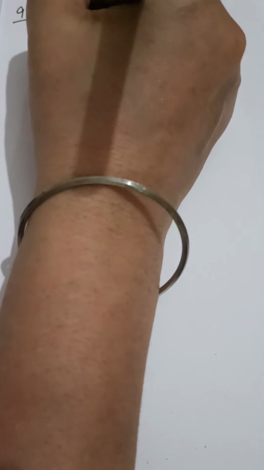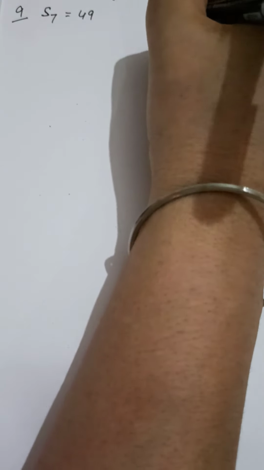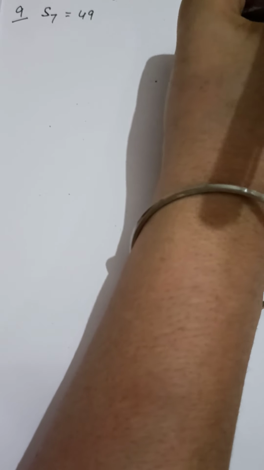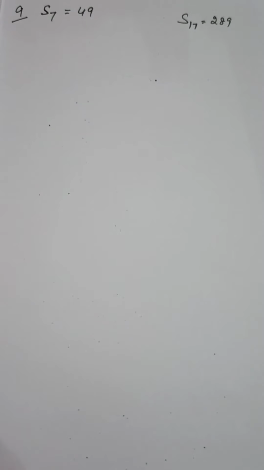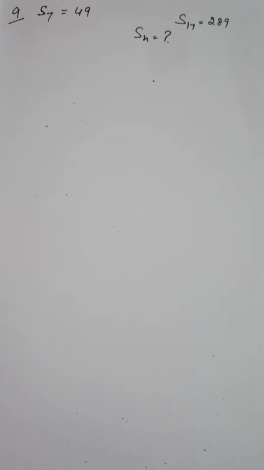S7 is 49, and on the other side the sum of 17 terms is 289. S17 is given as 289. S7 and S17 are given. Find the sum of the first n terms. What you have to find? You have to find Sn.